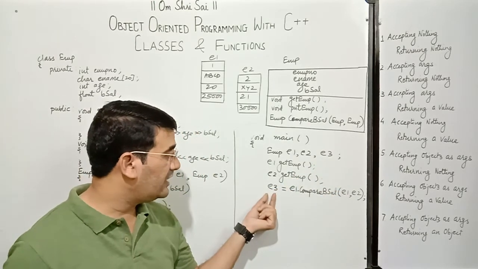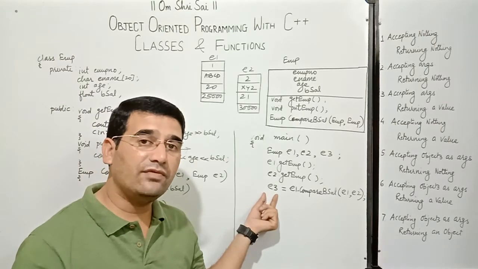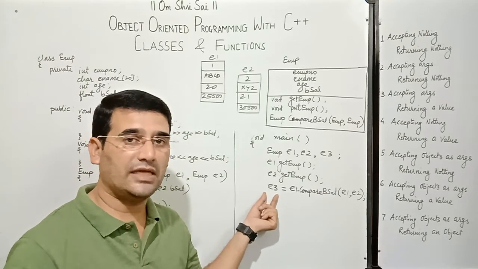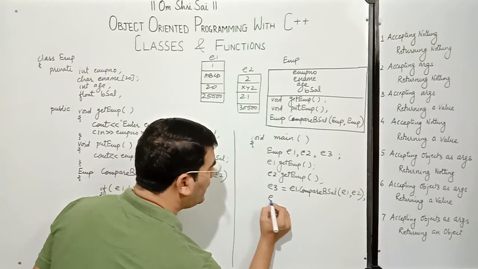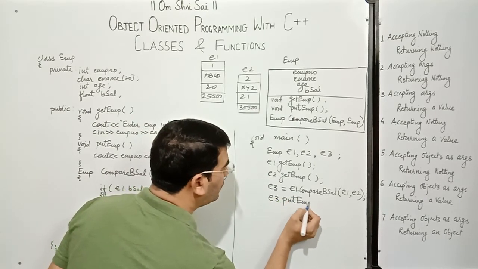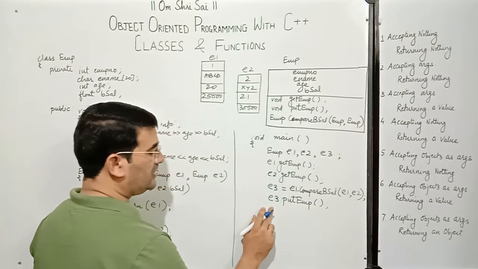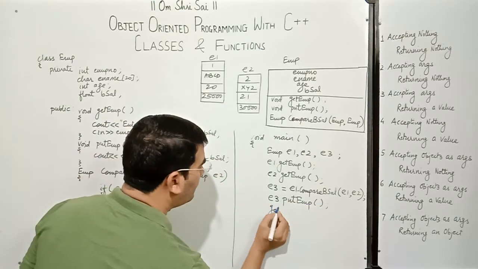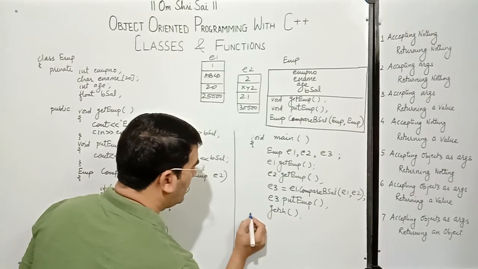Now E3 will contain the information of either E1 or E2 having higher salary. So now we have to print the EMP with higher salary. So we will call the putEMP function for the object E3, which will display the information of EMP with higher salary.